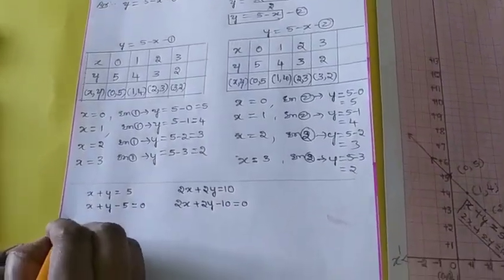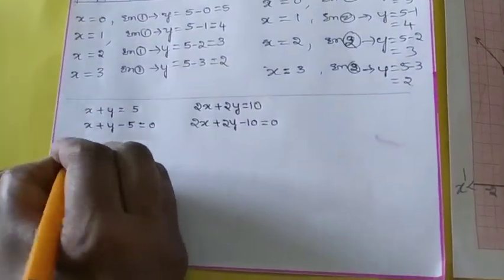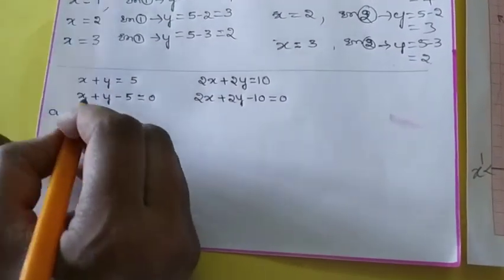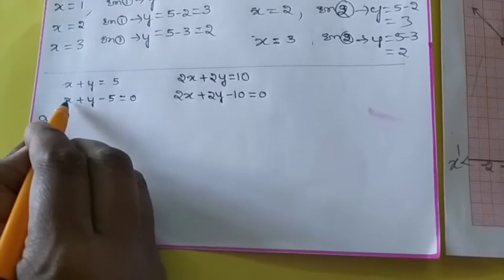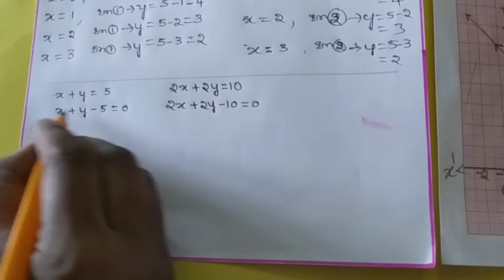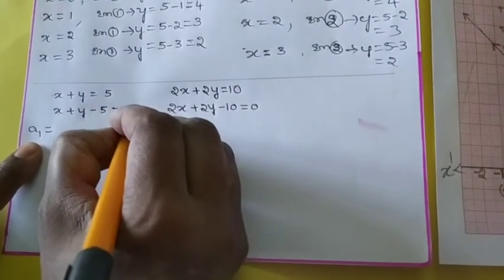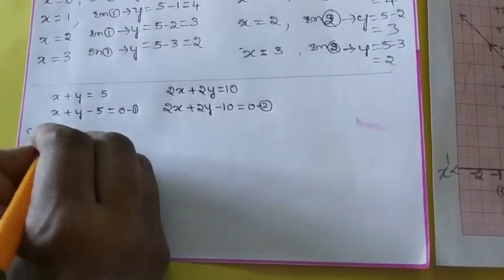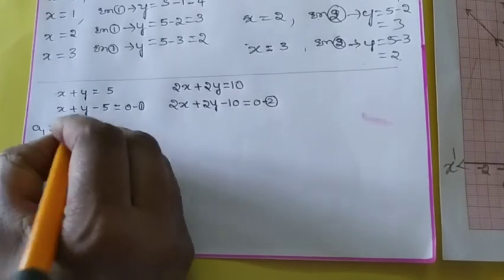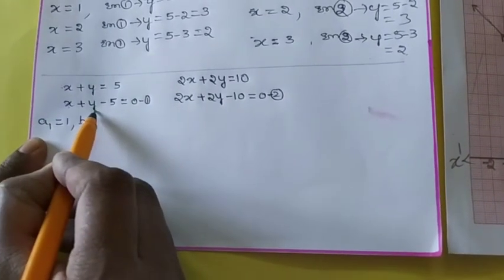We will find a1 value for both equations. In the first equation, coefficient of x is 1, that is a1. Then coefficient of b1, coefficient of y, is 1.